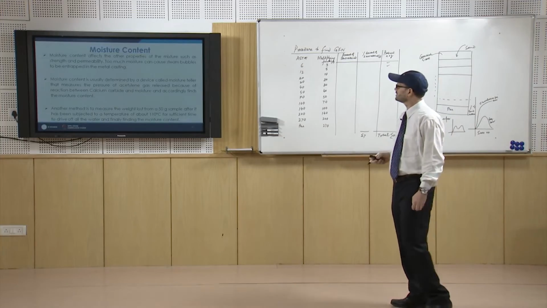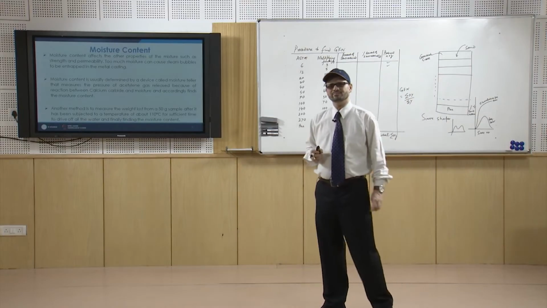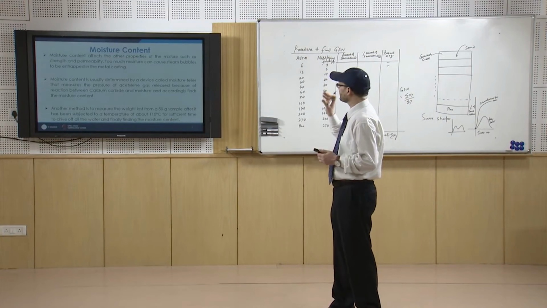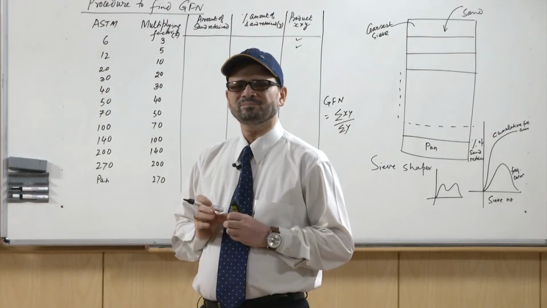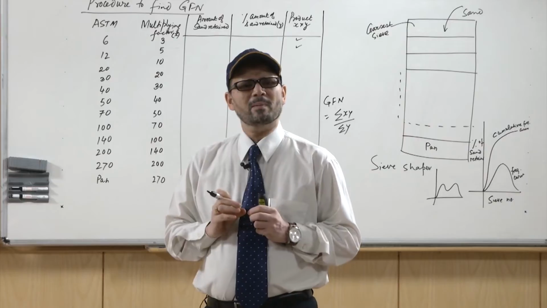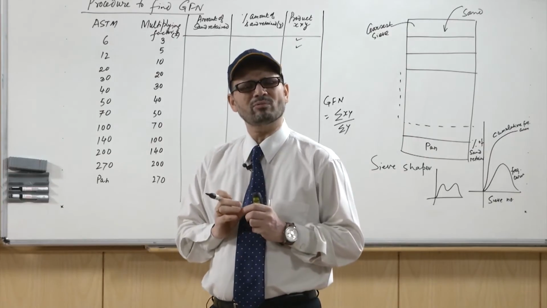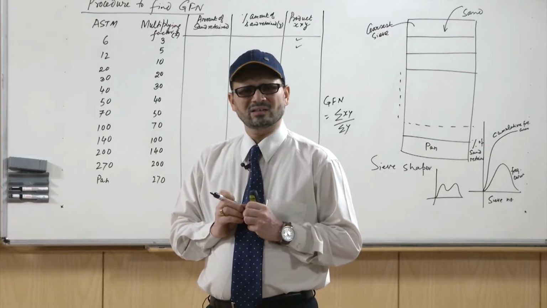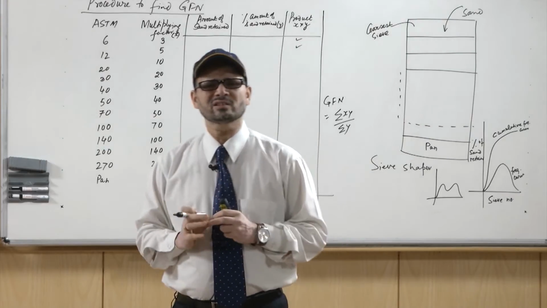The next type of test is the moisture content. Moisture content is important because if you do not have an adequate amount of moisture, the binding strength will be affected.